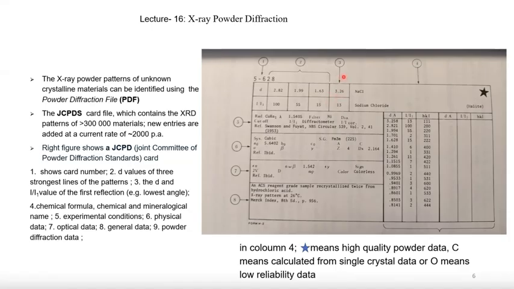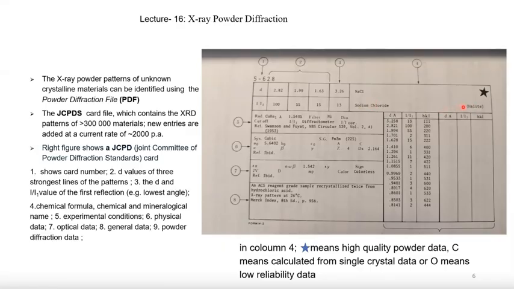And then this 3 is the D value of the lowest angle. This one. Okay, and number 4 is where we write the name of the material and its mineral name.